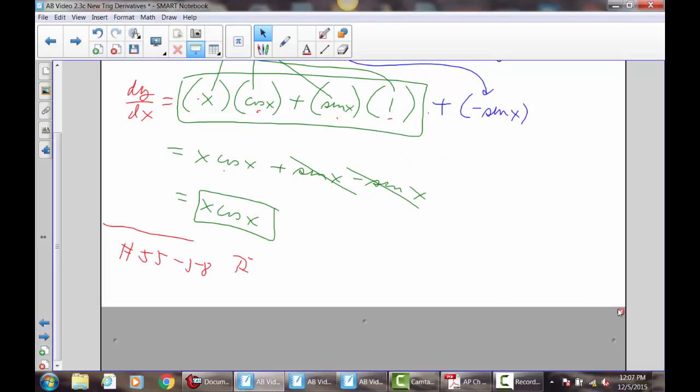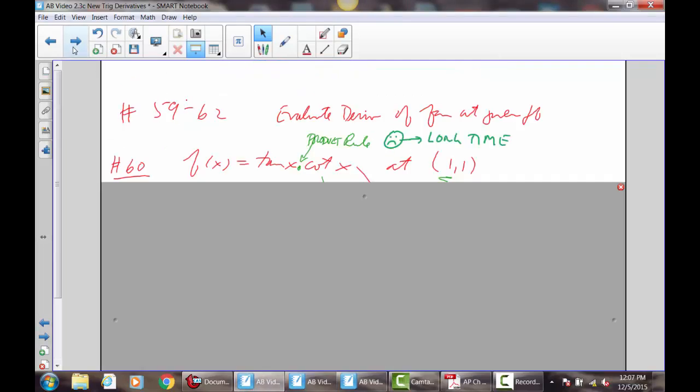Okay, so moving along, numbers 59 through 62: evaluate the derivative of the function at the given point. So you're finding the derivative, and then you're going to replace all the x's by 1. Now, you absolutely could do a product rule here, but it would be very sad because it would take a very long time compared to thinking about this. Before you take the derivative of a function, look to see if you can simplify that function.